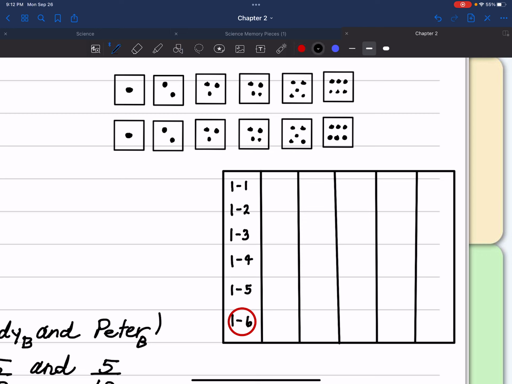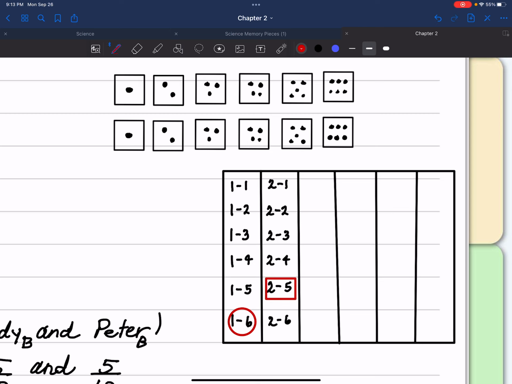All right, on the first die, I could get a 2. And then the second one could be a 1, a 2, a 3, a 4, a 5, or a 6. And do any of those add up to 7?